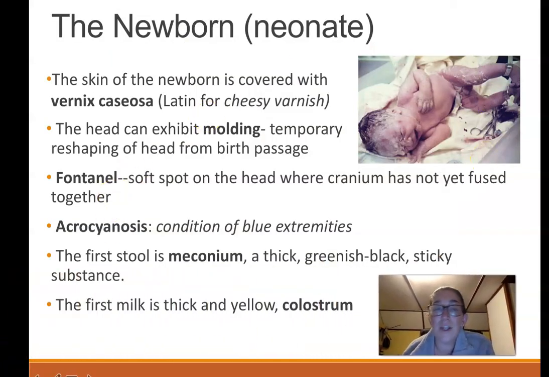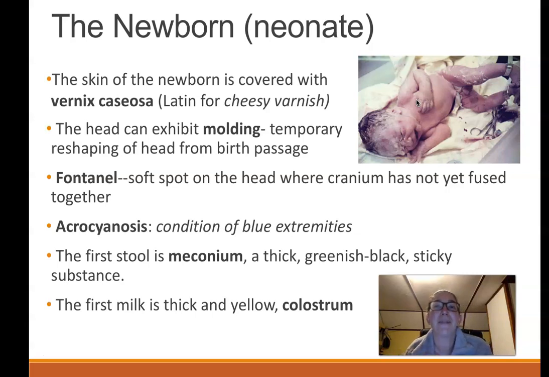So the newborn is called the neonate, literally means newborn, and it's covered in a slimy, cheesy kind of substance, almost like its own body butter. And that is because if you think about it, the fetus is floating around in amniotic fluid. It's basically like living for 10 months in a hot tub.